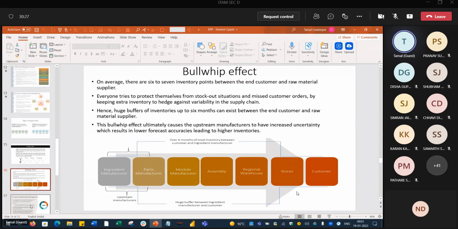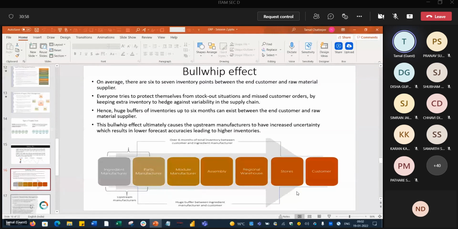And keeping an inventory always costs: space cost, the cost of the goods, and the money. If you do not sell that, it is not being encashed, so money is also stuck. So everyone actually tries to protect themselves from the stock out situation, so they don't miss the customer order.